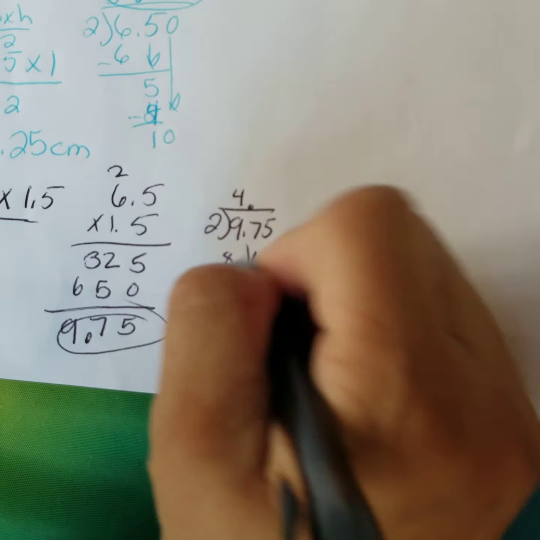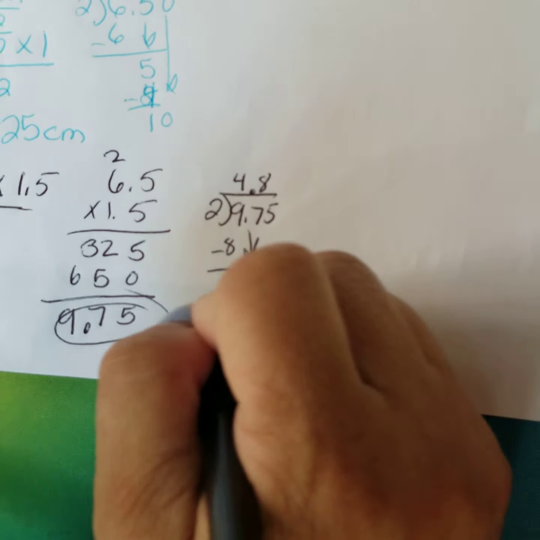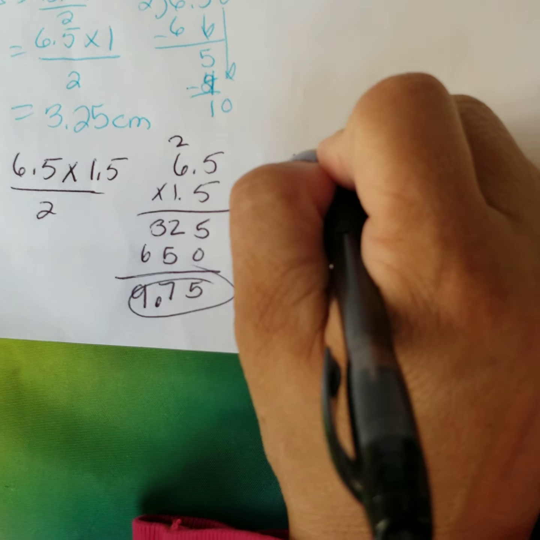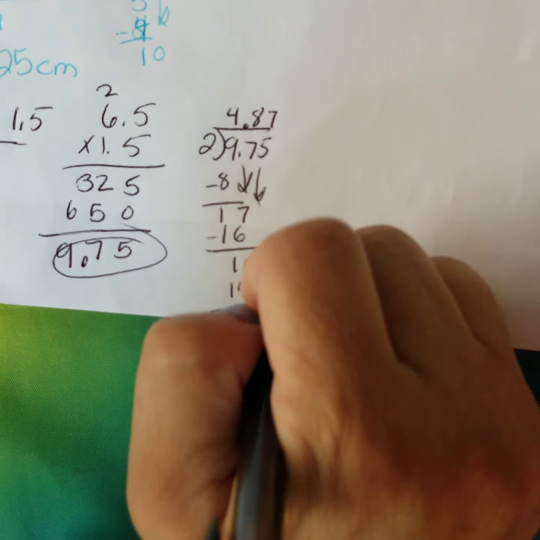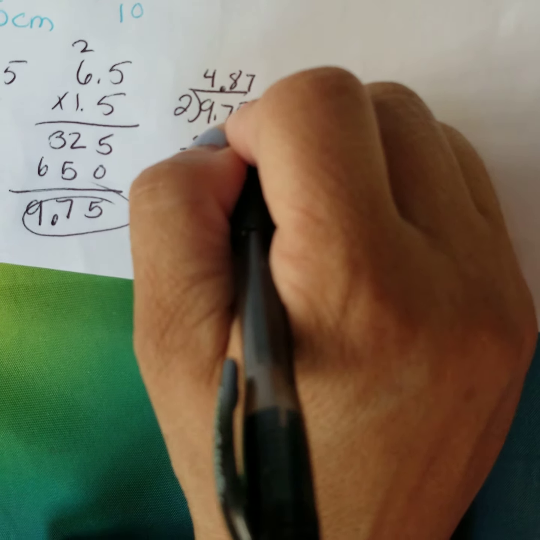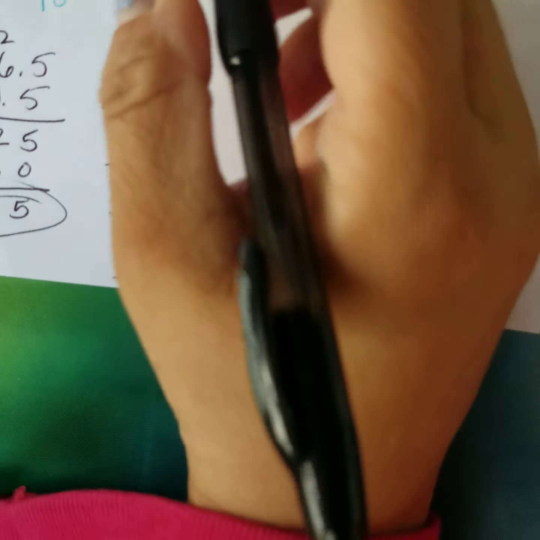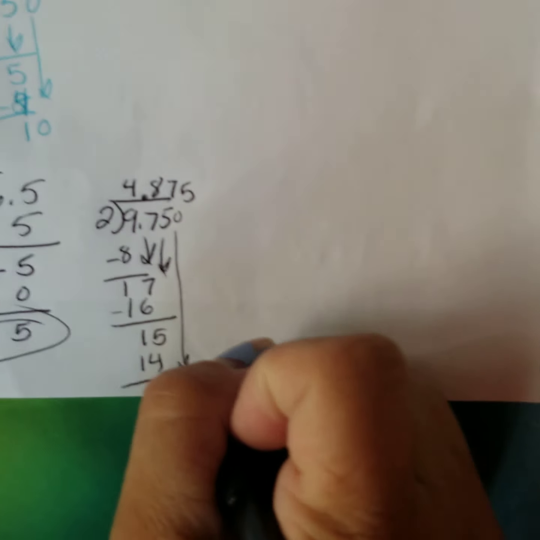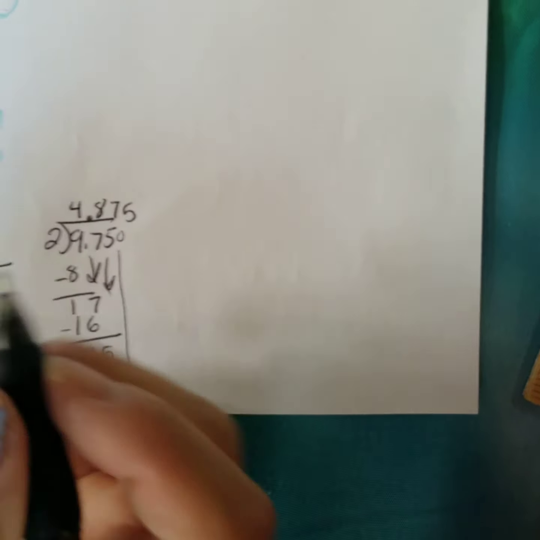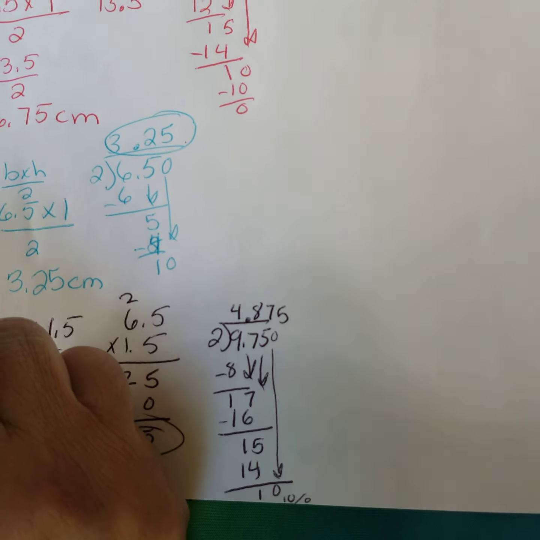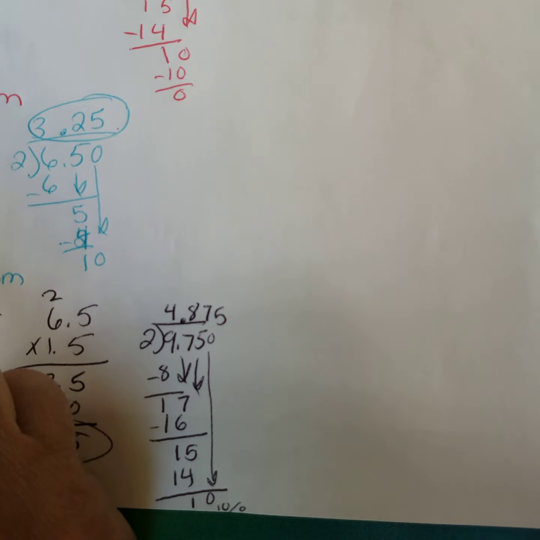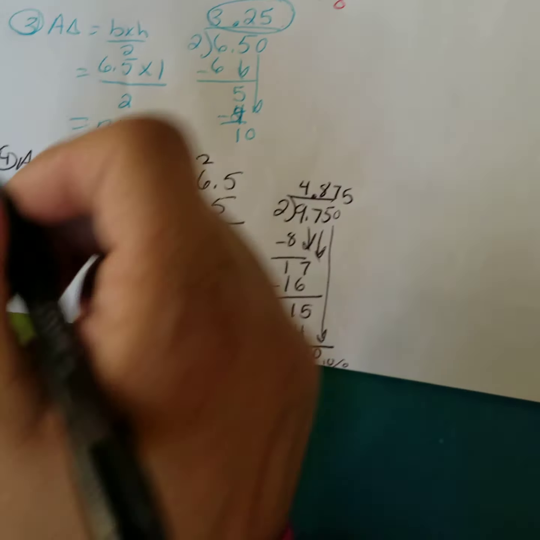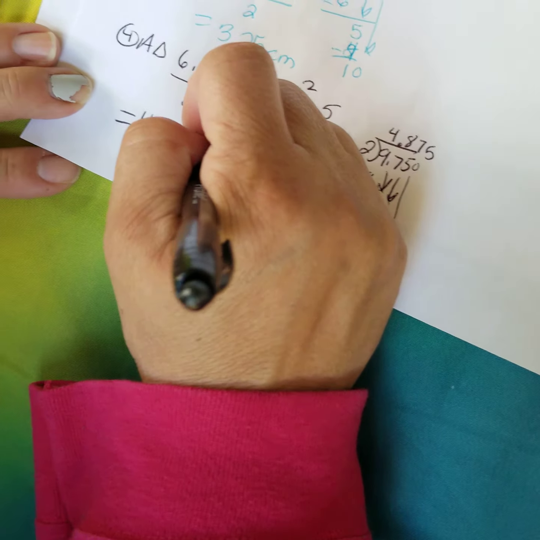Bring down my 7, which goes in 8 times. Bring down my 5, which goes in 7 times. Bring my placeholder down to 0, and that would be 5. 5 times 2 is 10. Okay, so the area is 4.875 centimeters.